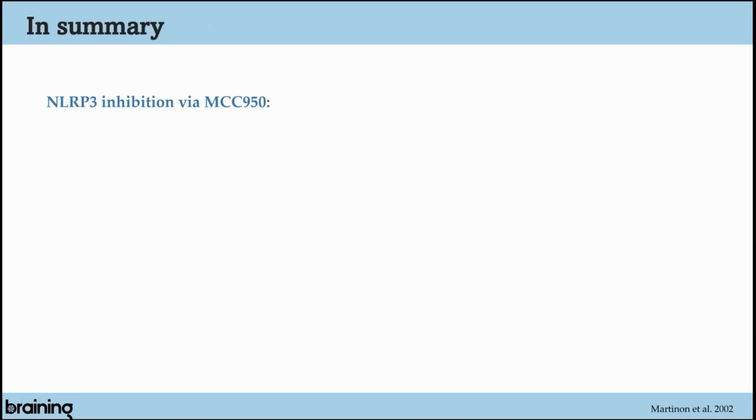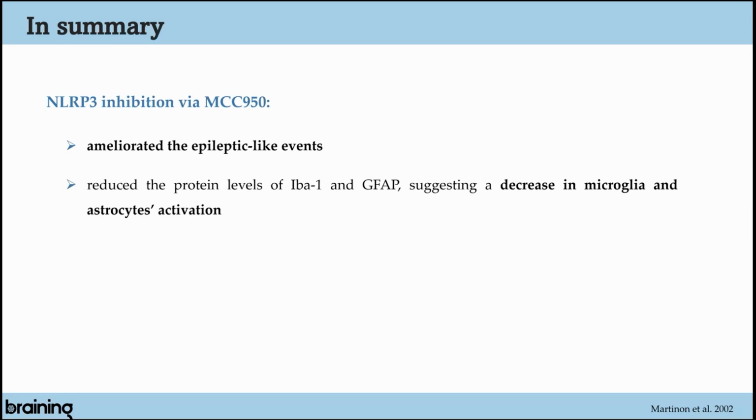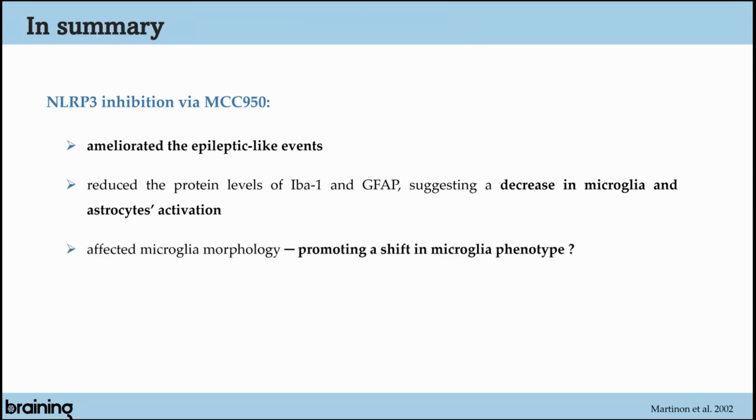And that is it. So I hope that you believe me that NLRP3 inhibition through the small molecule MCC 950 ameliorates the epileptic-like events. It also reduced the protein levels of IBA1 and GFAP, which strongly suggests a decrease in microglia and astrocyte activation. It affected microglia morphology.